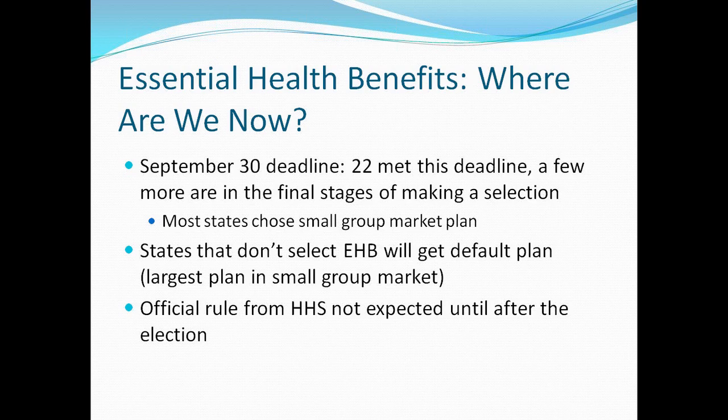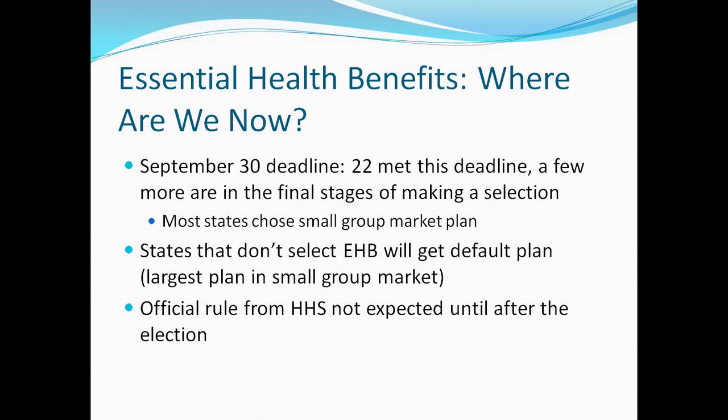But the bulletin also said that states that don't select their essential health benefits will get a default plan, which HHS said would be the largest plan in the small group market. But we do not expect to see the formal rule from HHS, because all we have is a suggestion from HHS on how states might do it, but not formal rulemaking until after the election.